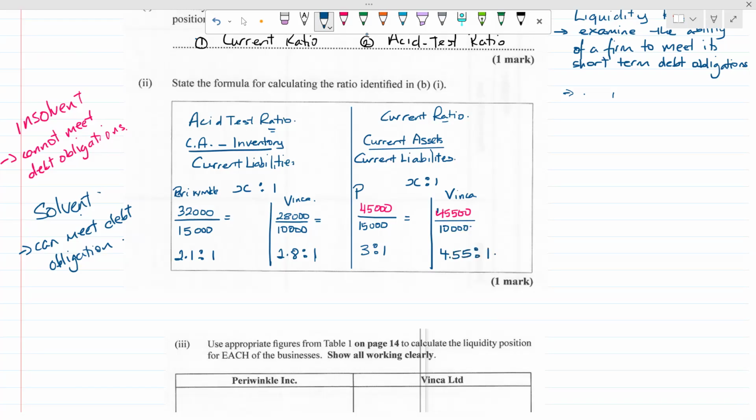So what? Right? Now, you don't want too big of a figure, right? 2, 2.8, 2.1, that's good.